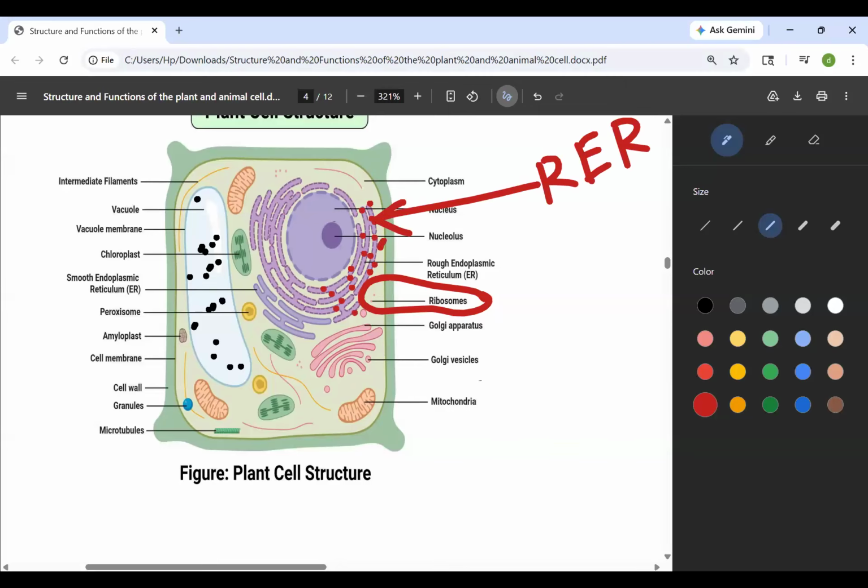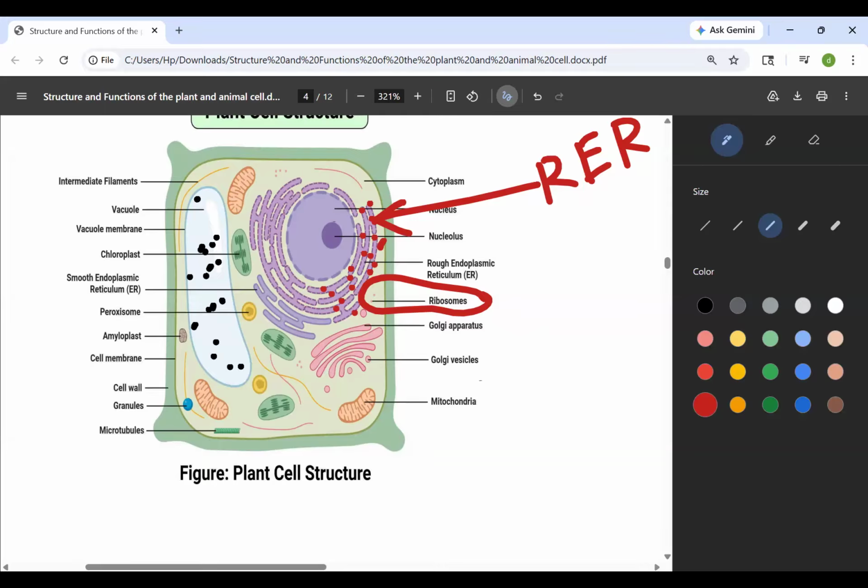We say rough as there are dots around them. The dots are actually the ribosomes, and after connecting those dots, the surfaces become rough.